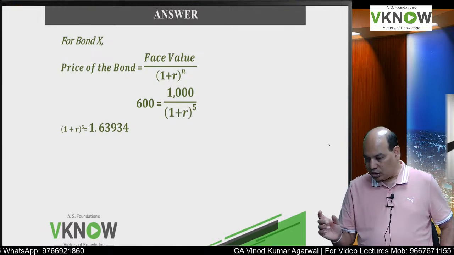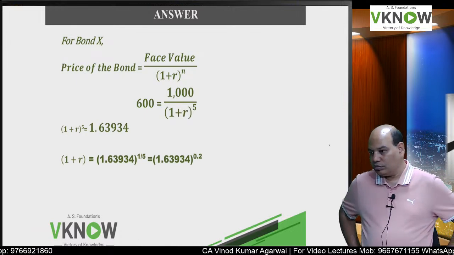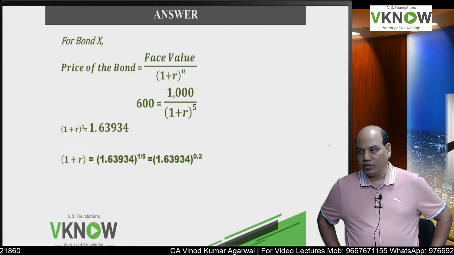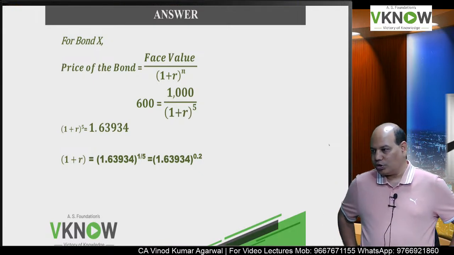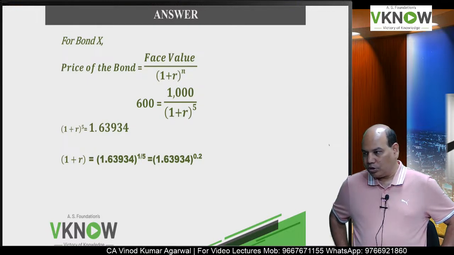Then in your next step, 1 plus R will be equal to 1.63934 to the power 1 by 5. This is how in mathematics you solve the equation. 1 by 5 means 0.2.